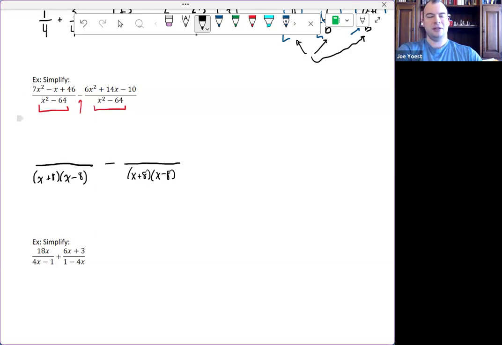Let's just say, I don't want to think too hard about this, that it gives me 7x plus 1, x plus 46 or something like that. It's not what it's going to be, but let's suppose that it was. And let's say something similar with the second one, maybe 6x plus 1, x minus 10. If I factor these like this, one thing that could happen is it could divide out with one of the factors of the denominator, but I don't want to do that, right? I want to maintain this like denominator here.